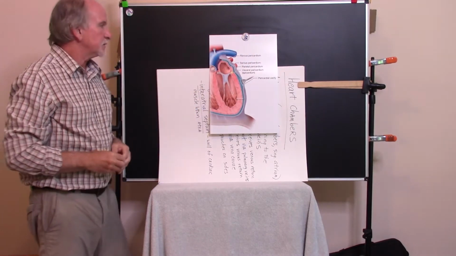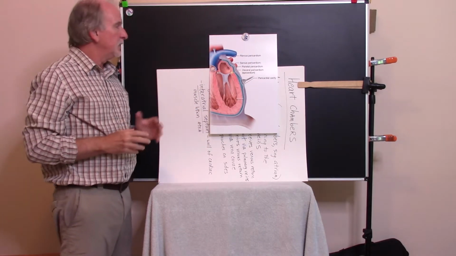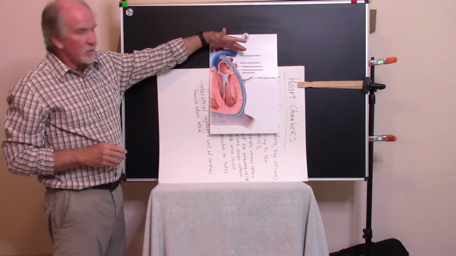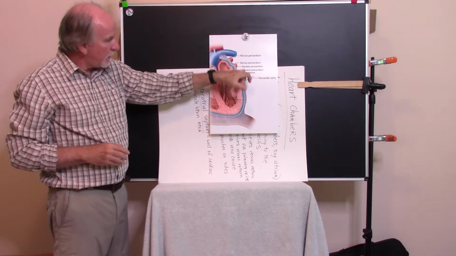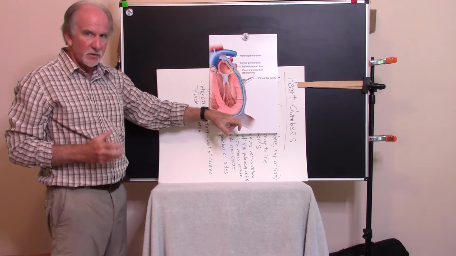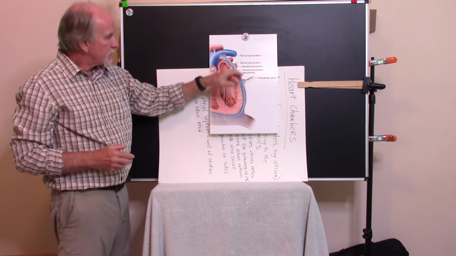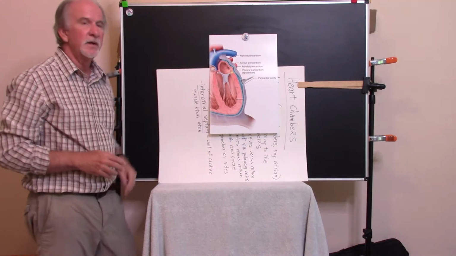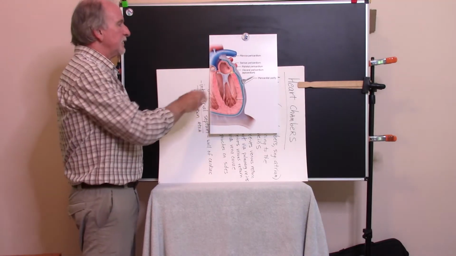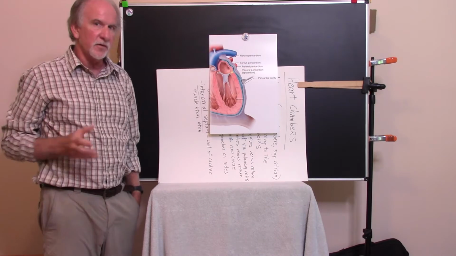This illustration shows the pericardium consisting of the fibrous pericardium, which is the outermost portion of the pericardium, and the serous pericardium, shown here in blue, which has two layers, and that's the inner layer of the pericardium.